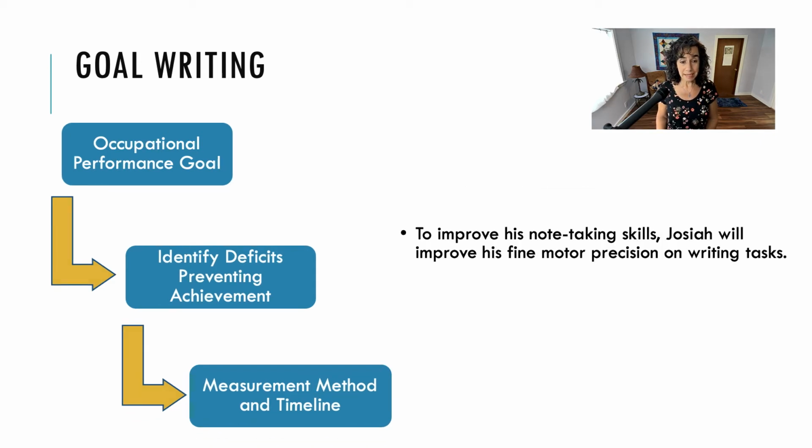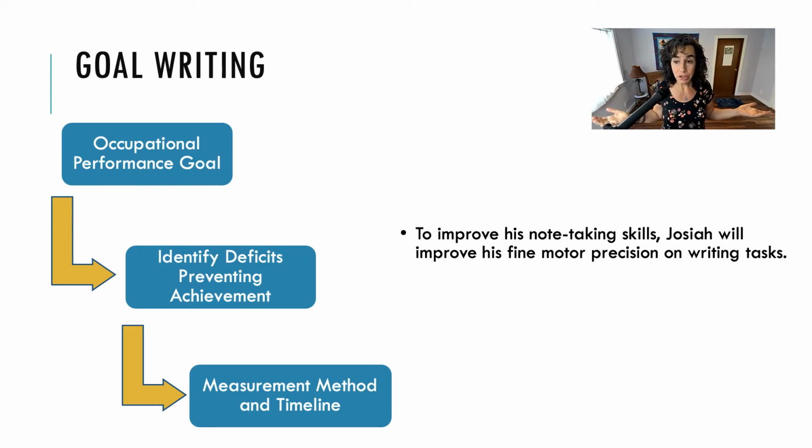The second step is to identify the deficits that are preventing this achievement. So, to improve his note-taking skills, Josiah will improve his fine motor precision on writing tasks. Now, we could look at this in a bunch of different ways. When we do an evaluation, what we're going to be doing is pinpointing what's up with note-taking.